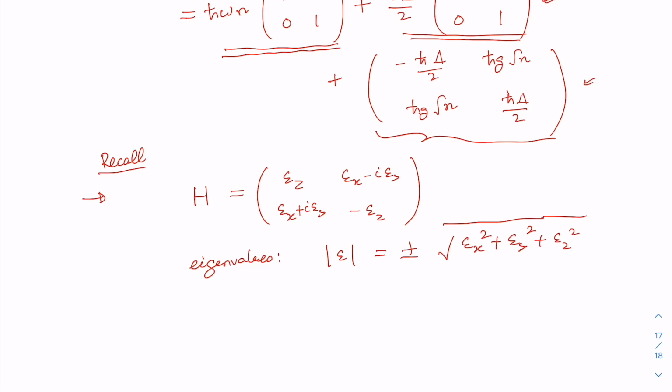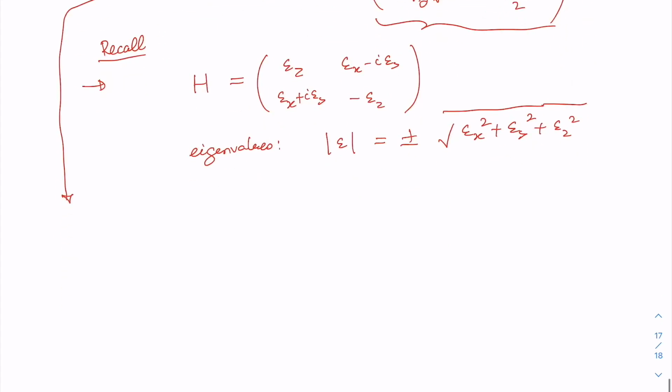So let us use this result directly for this particular part in the Hamiltonian. Let me write it separately here: −ħΔ/2, ħg√n, ħg√n, and ħΔ/2.